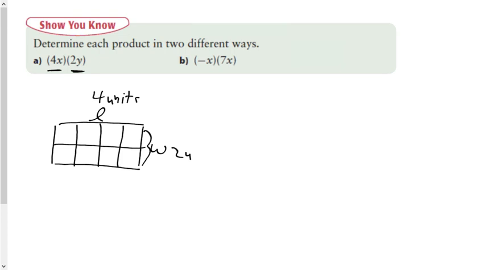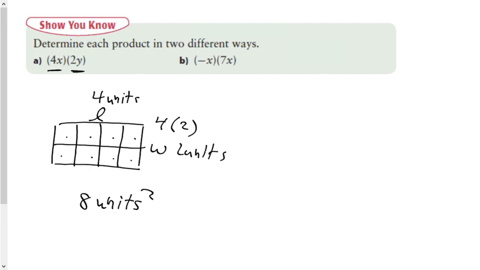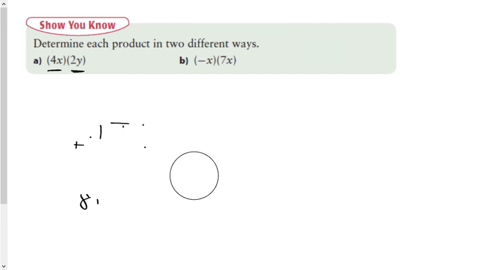We would say that there are 1, 2, 3, 4, 5, 6, 7, 8 square units, 8 units squared inside there. And we got that by multiplying our 4 multiplied by our 2. I know you all probably know area of a rectangle, but I'm saying that because with this particular one, we're going to solve it 2 different ways.